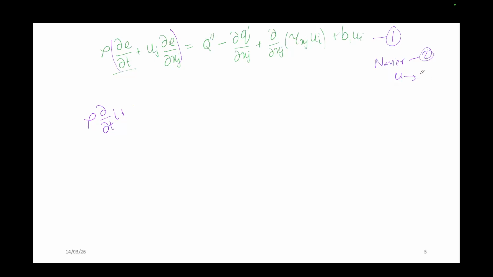So this energy term minus kinetic energy, what is the energy remaining? It is the internal energy. That's why this term is coming: uj, uj, di, where i is the internal energy, over xj, equal to q double dash minus.